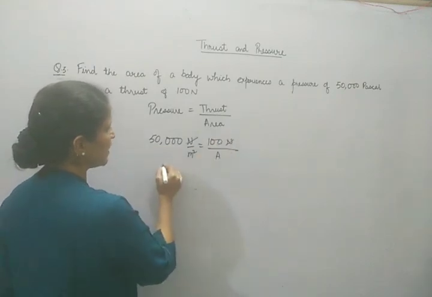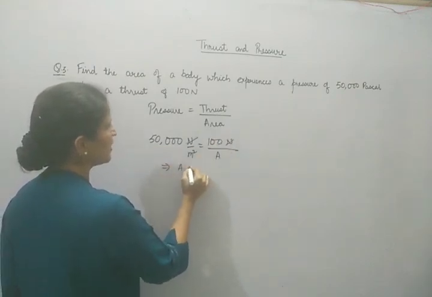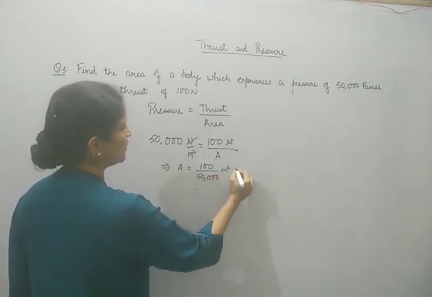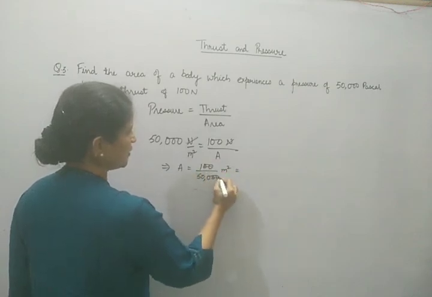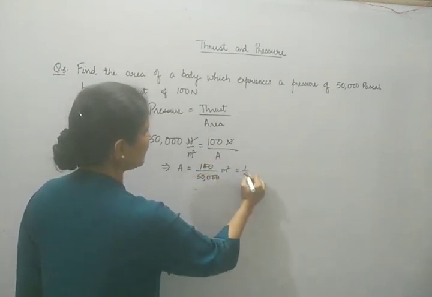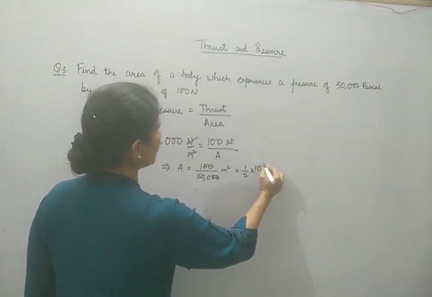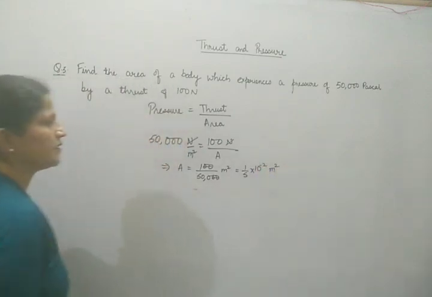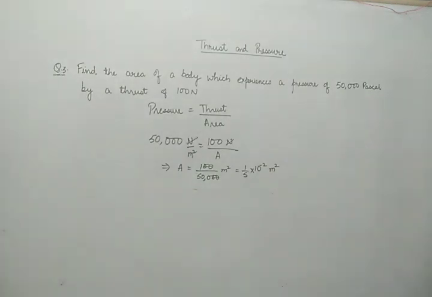So what will the area be? Area will be equal to 100 upon 50,000 meter square, which is equal to 1 upon 5 multiplied by 10 raised to the power minus 2 meter square. So this is the area that we obtain in this given question.